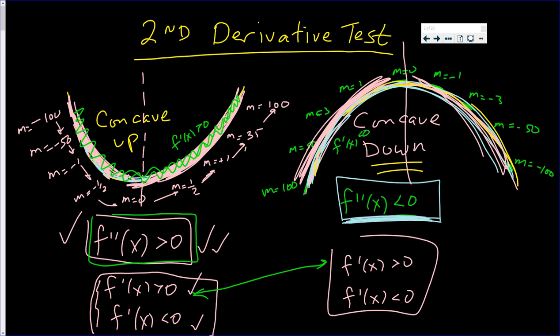Just because you know the first derivative is positive, you can't conclude anything about the concavity. Likewise, if the first derivative is negative, like on the right side here, the first derivative is negative.